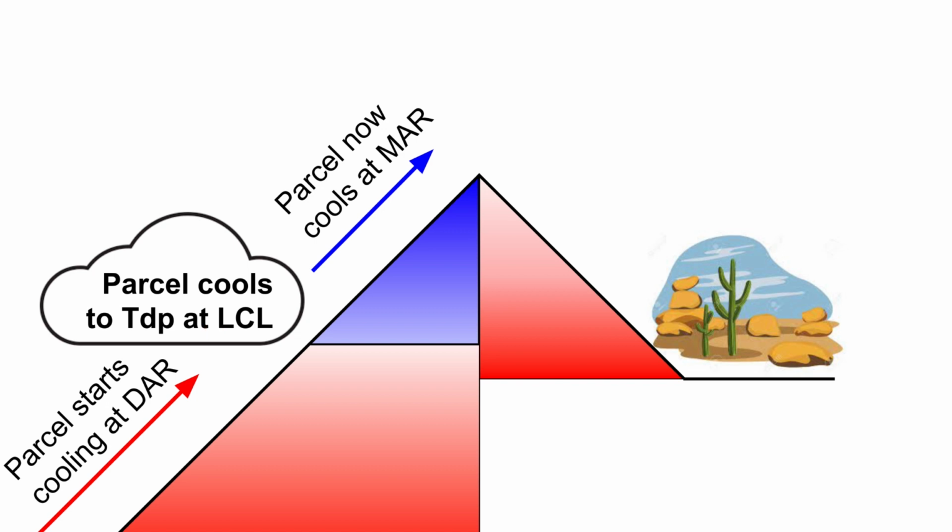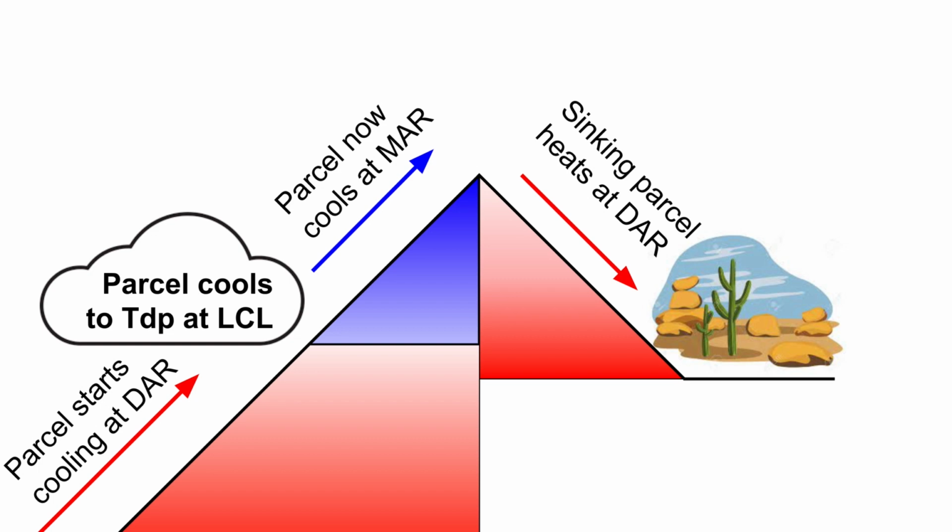However, if the parcel sinks, it will heat up at the dry rate. So we've got two rates of cooling: before the parcel has reached dew point temperature, and then once it's reached dew point temperature, it's going to cool at the moist rate. But sinking air is always going to sink and heat up at the dry rate. And that's what causes the rain shadow effect.